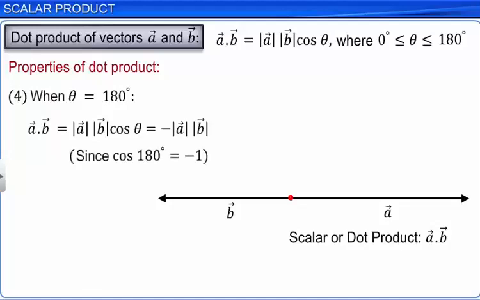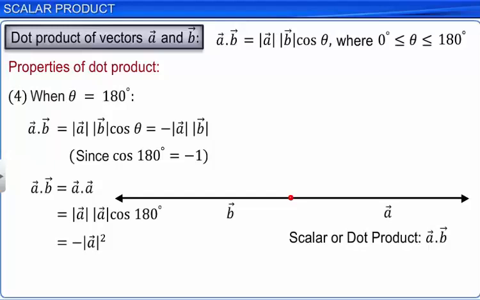This implies that the dot product of a vector with its negative vector is equal to the square of its magnitude with a minus sign. If the magnitude of vector A and the magnitude of vector B are equal, then their dot product is equal to minus times the square of the magnitude of vector A.